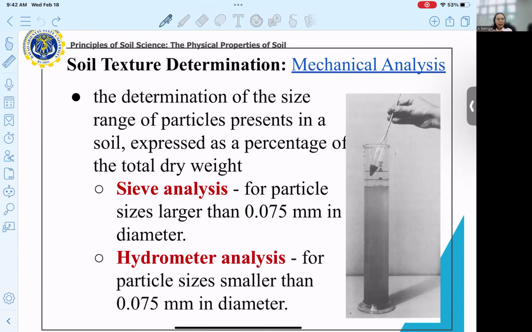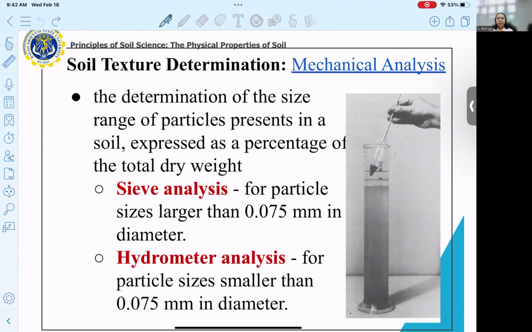Now, in sieve analysis, you use sieves, or salaan, with various grades of grain size, like the sieves used for flour, but with coarser grains. Sieve analysis is particularly helpful in separating silt and sand particles, but it is unsatisfactory for separating clay particles.